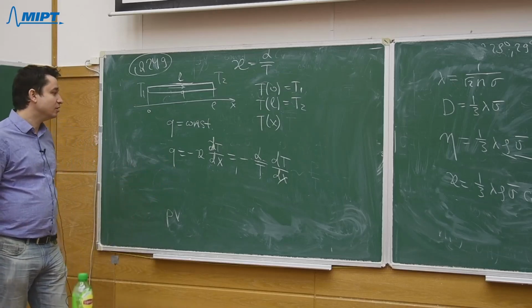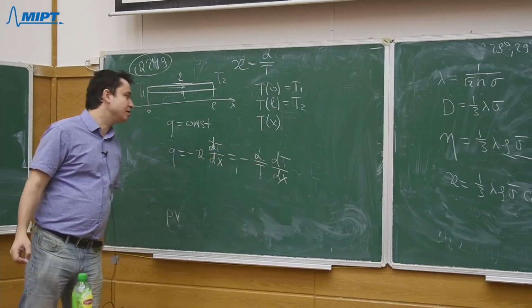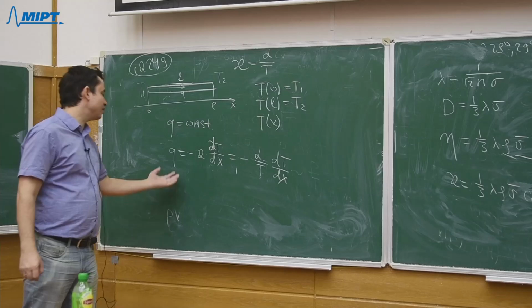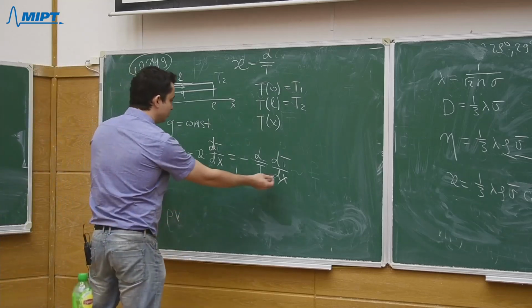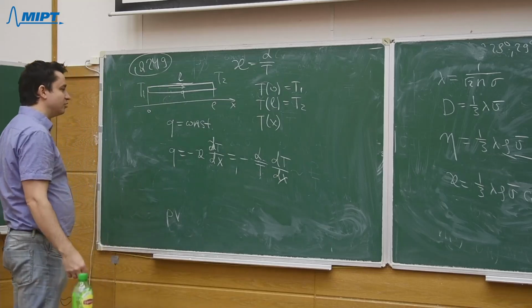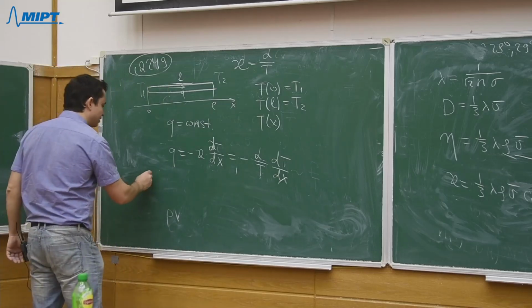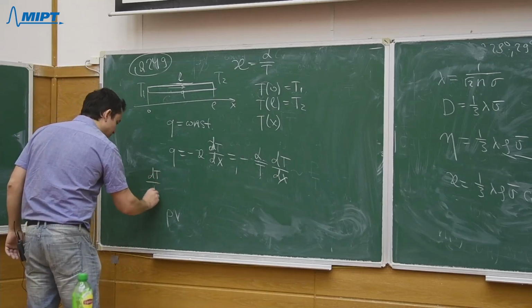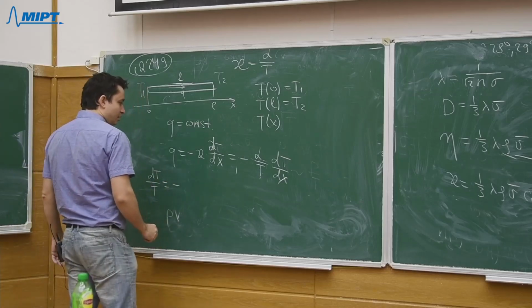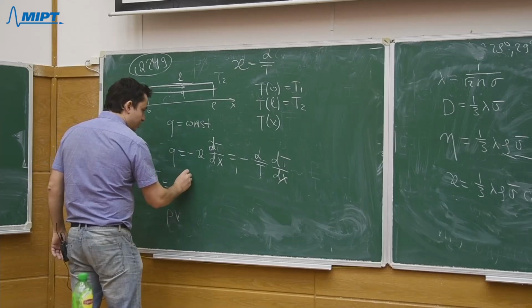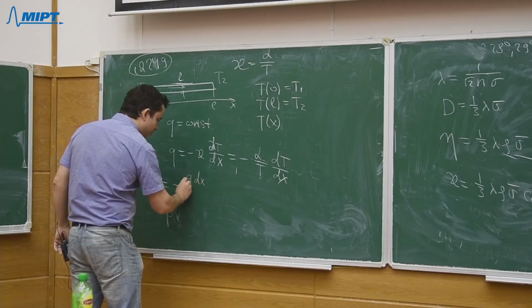Good. So we can find the temperature dependence as a function of Q. So this is a differential equation which can be solved by the variable separation method, and I can write that dT over T equals minus Q dx over alpha.